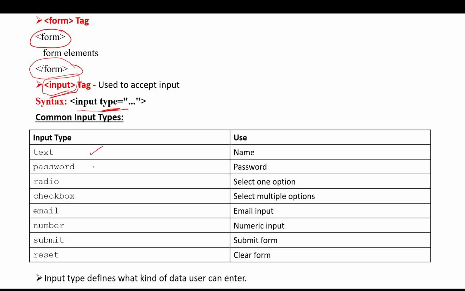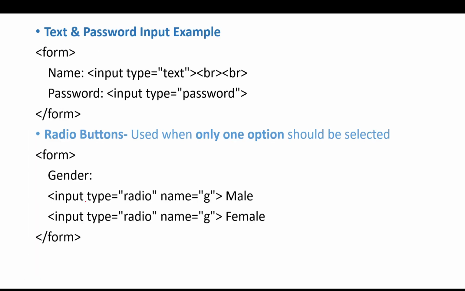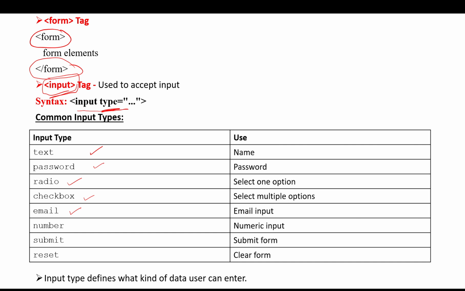If you want to enter the password, password as input type. If you want to select only one option among a number of options, then radio, and to select multiple options, checkbox. If you want to give the email as the input, email; numeric input, then number. If you want to submit the form, then submit, and to reset the form, then reset. So the input type defines what kind of data the user can enter, and different input types are used for different kinds of data.